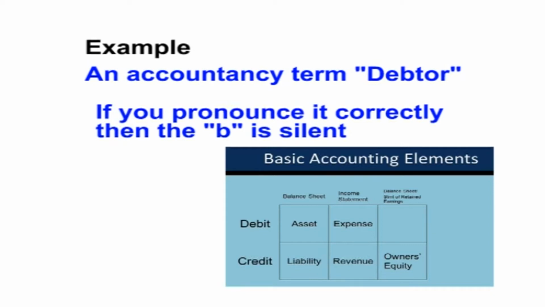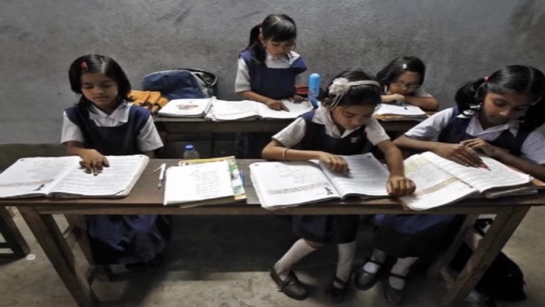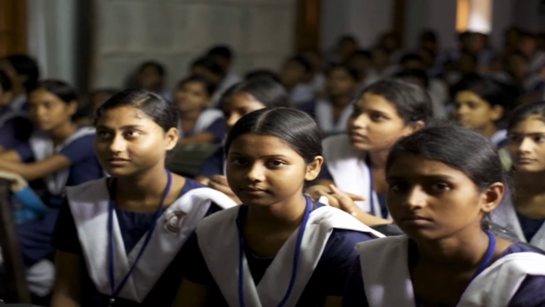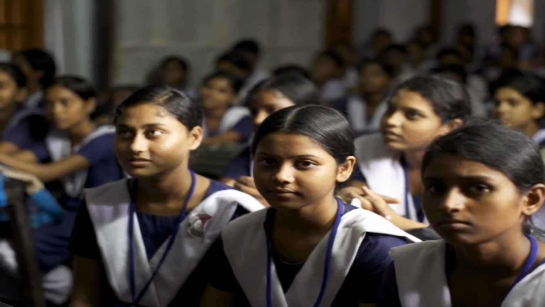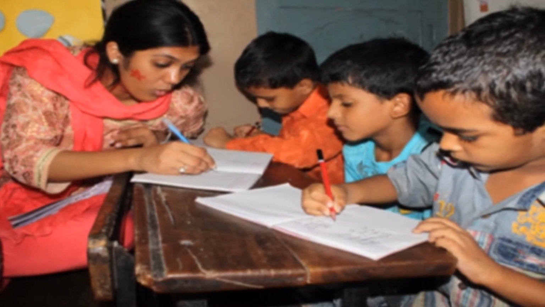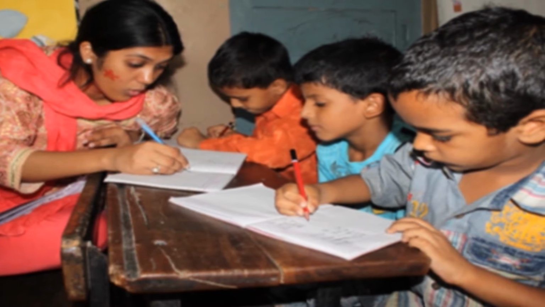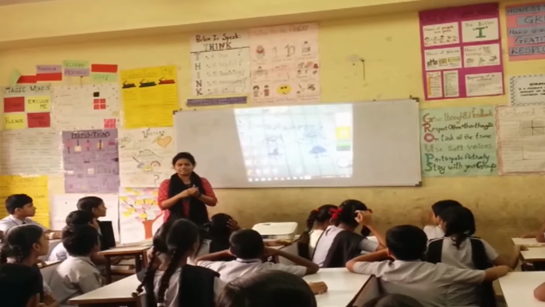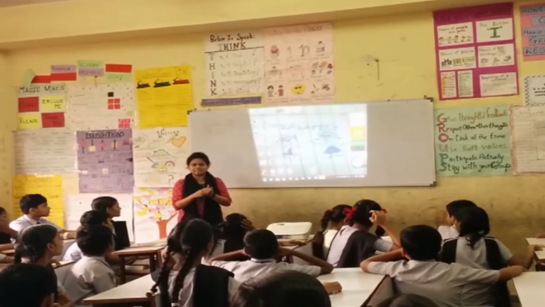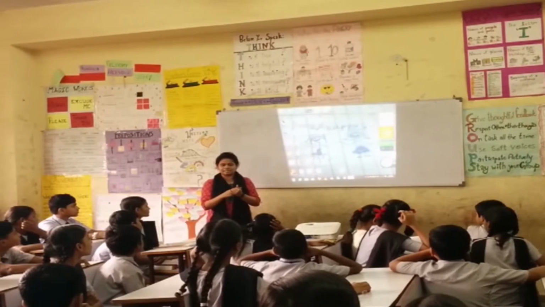However, for new learners of the language and for learners who have Bengali or Odia as the mother tongue, there is a tendency to stress the syllable B. For such students, it would be effective if the teacher explains how the word is to be uttered by giving the reason.